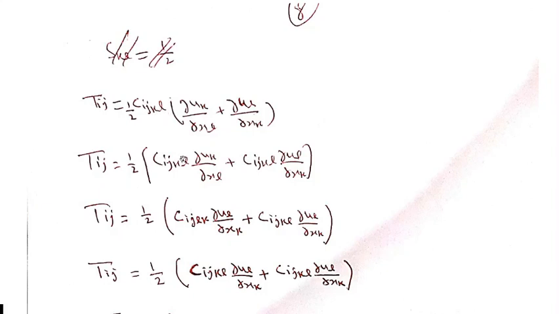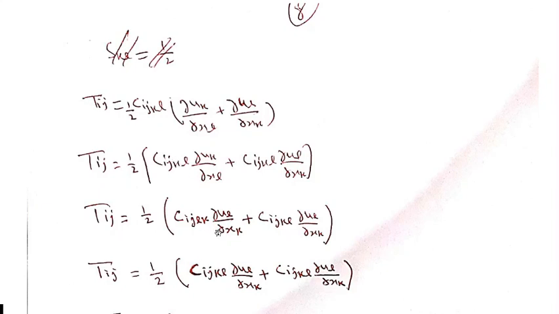Now you can write this as, and we know that i and j are free indices, and k and l are dummy indices. So you can change the dummy indices either in this term or in this term. So we have changed the dummy indices here. We can write it as partial Ul partial Xk, and this is Cijlk.